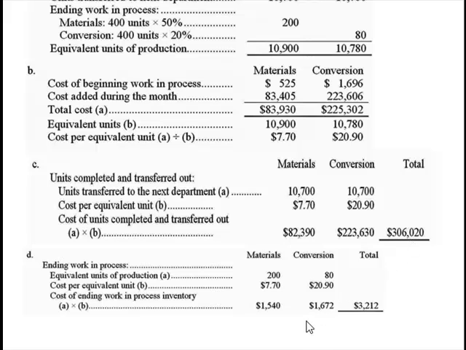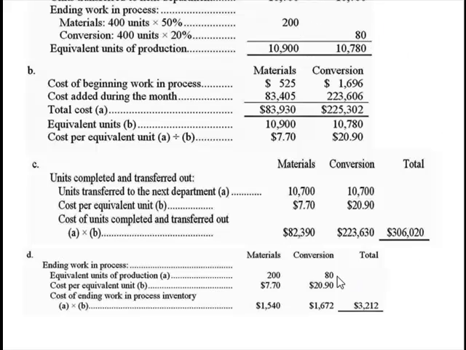Down here, we're going to figure out the cost of the ending work in process. And remember, when we go back up to our equivalent units of production calculations, we figured out there were 200 equivalent units in ending work in process with respect to materials and 80 with respect to conversion.